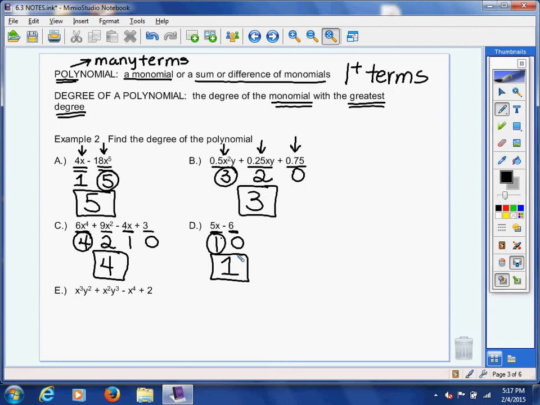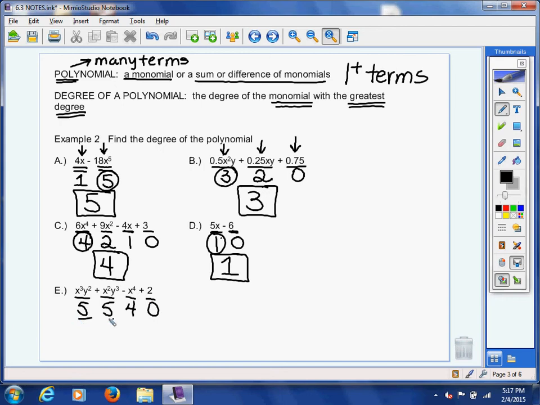All right, let's look at letter E, our last one here. So we've got 1, 2, 3, 4 terms in our polynomial. Let's figure out the degree of each of these. Let's start here. 3 plus 2, yep, that's 5. 2 plus 3, yep, that's still 5. This one's a 4, and that's a 0. So of the numbers that are listed here, which one's bigger?